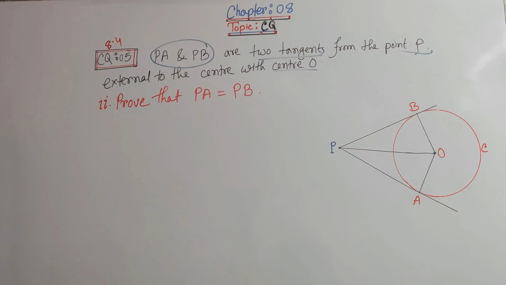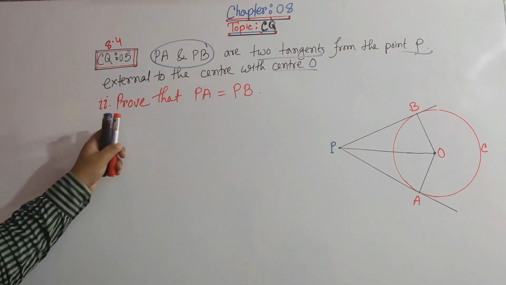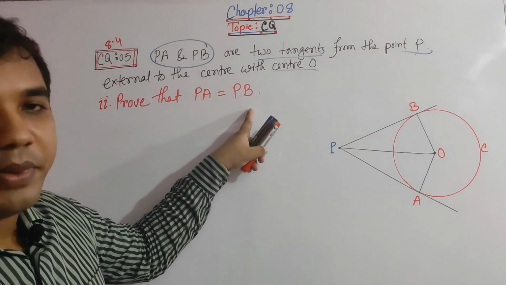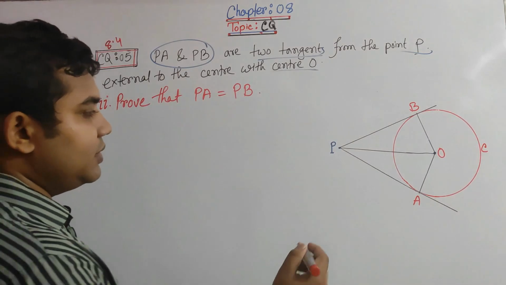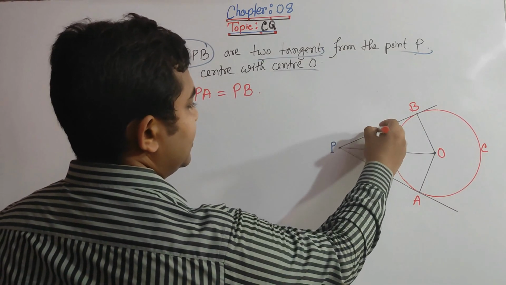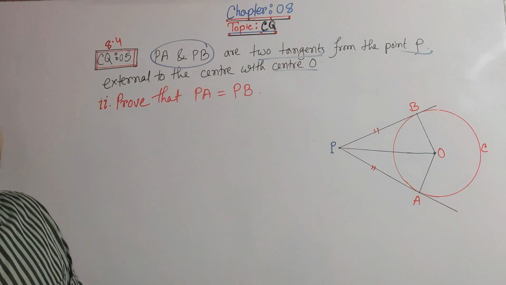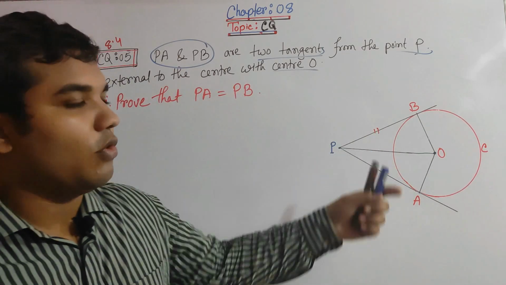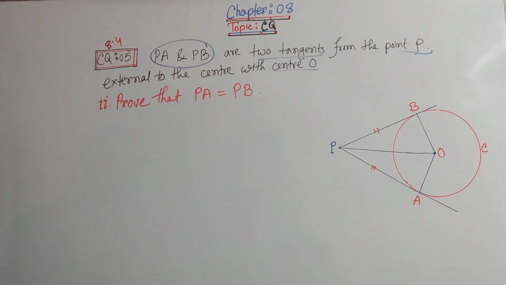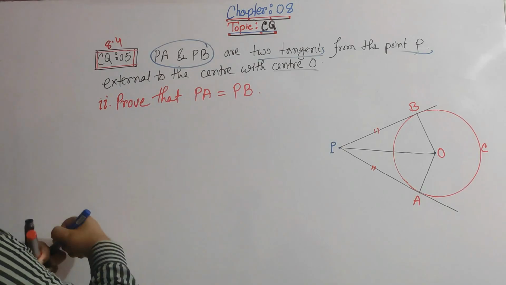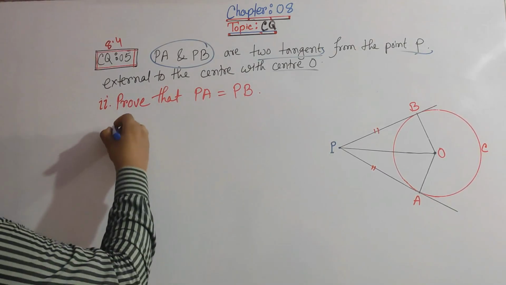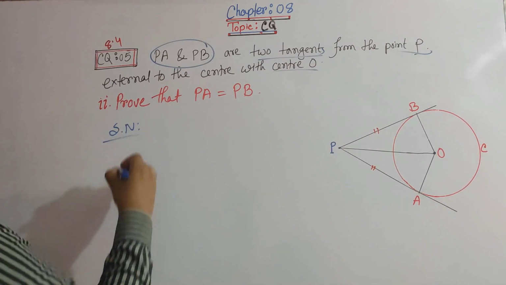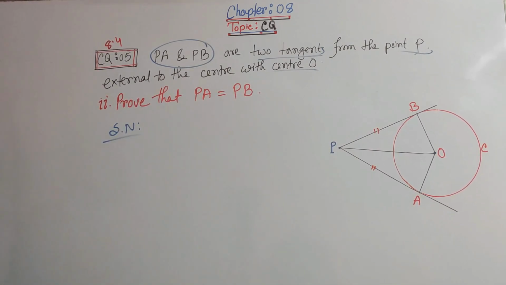Okay, dear students, this is question number 2 of this CQ. Here we have to prove that PA is equal to PB. That is, two tangents should be equal. First of all, we go for the specific enunciation.